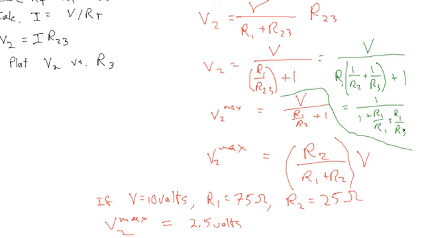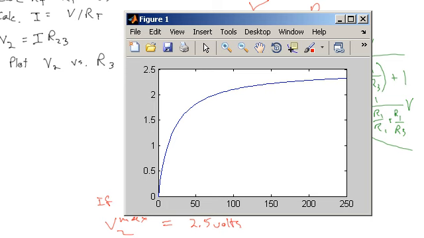So you can see that the R3 is in the denominator. 1 over R3 is in the denominator of a fraction, and that's all multiplied by V, by the way. Okay, so it's not 1 minus an exponential, and yet it kind of looks a little bit like it. The graph does.